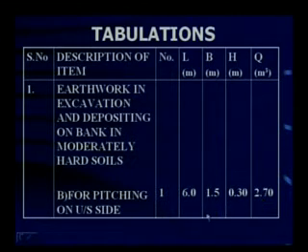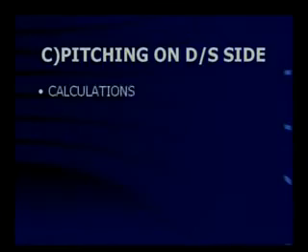What would be the next area where excavation is to be done? Yes, it is pitching on the downstream side. It is a similar item, just as we have done for pitching on the upstream side, we do calculations for pitching on the downstream side, and here it is. Yes, pitching on the downstream side. Tell me how many numbers are there?